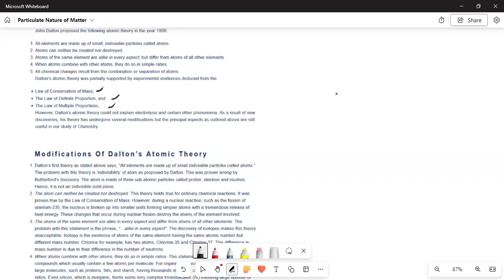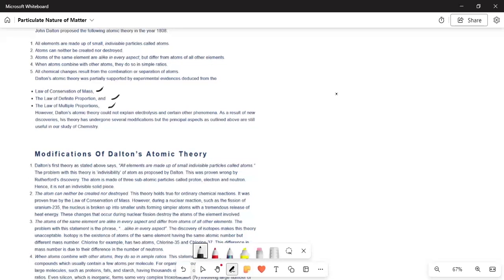Now, what are the modifications of this theory? Like I said, some of the words he used to describe the atom are not acceptable. Like the first theory said that all elements are made up of small, indivisible particles called atoms. The problem with that theory is the word indivisible. Now you say something is indivisible if you cannot split it up into different components.